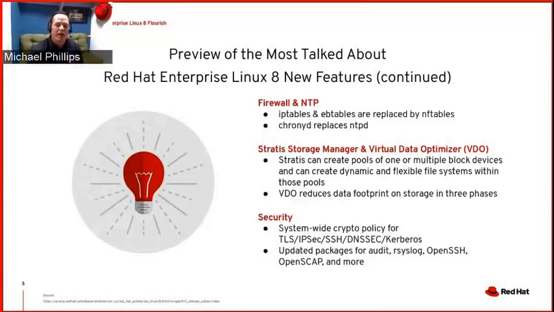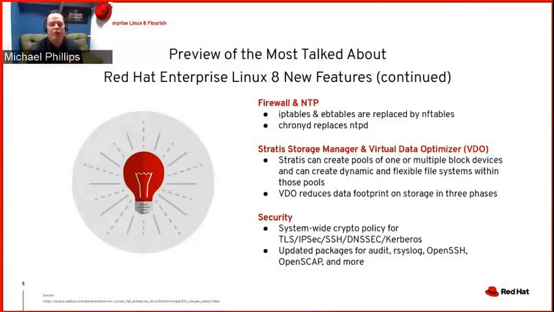VDO, on the other hand, is really pretty cool in helping to reduce data footprint, and it does this in three different stages. VDO does zero block elimination, it does deduplication of redundant blocks, and then it goes ahead and uses data compression. So it's something that you might end up using, right? But in my opinion, it's a pretty cool feature.